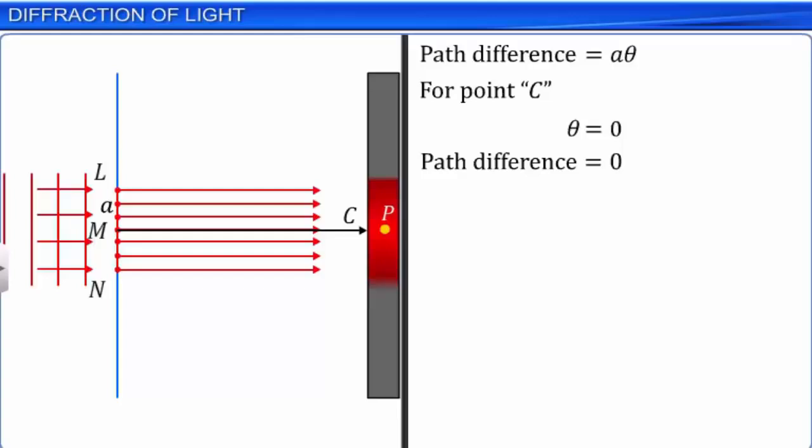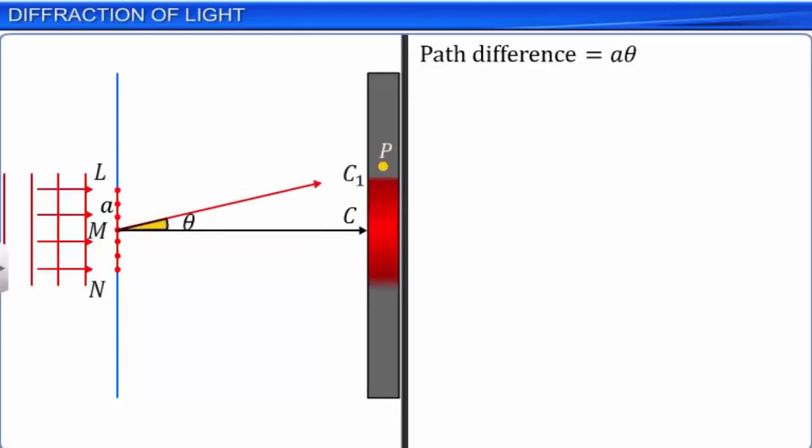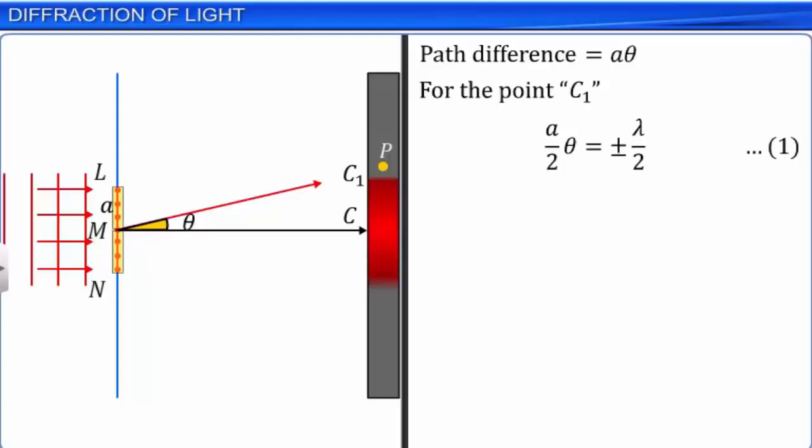Now consider another point C1 on the screen, such that A by 2 into theta is equal to plus or minus lambda by 2. Let this be equation 1. Imagine that the slit is divided into two equal halves, LM and MN, with a width of A by 2 each.